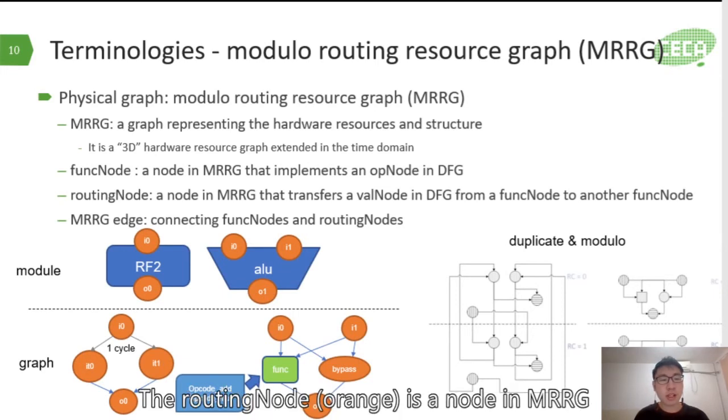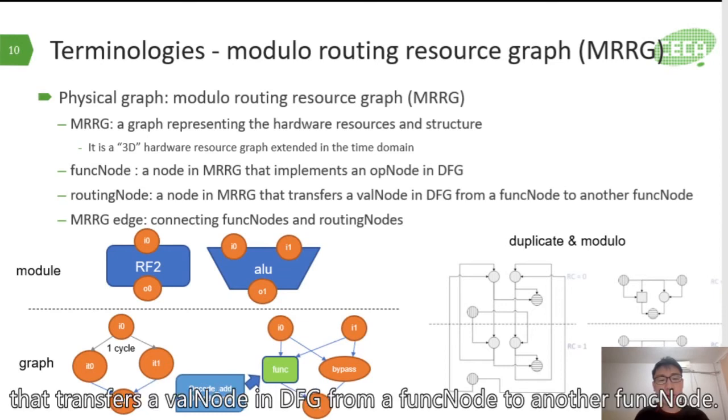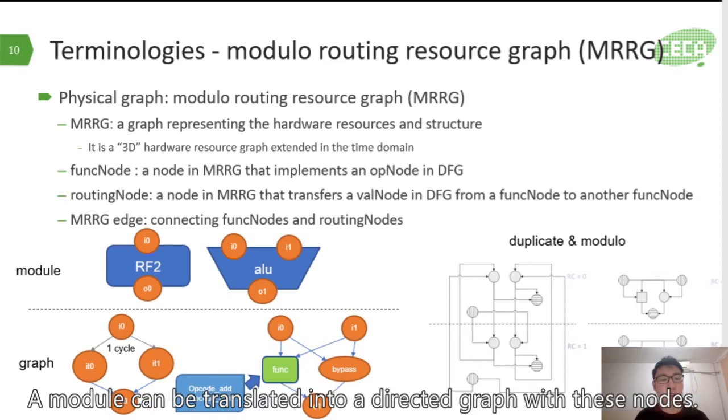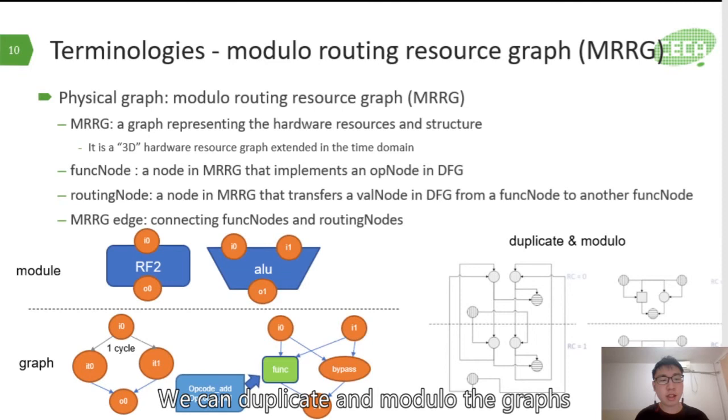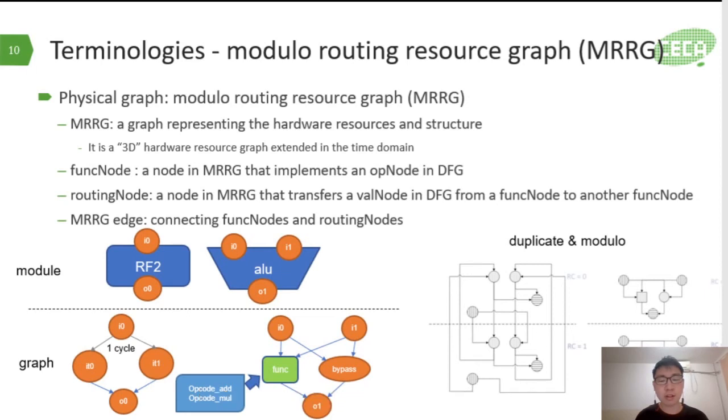The routing node is a node in MRRG that transfers a value node in DFG from a func node to another func node. A module can be translated into a directed graph with these nodes. We can duplicate and modulo the graphs in the time domain to get MRRG.